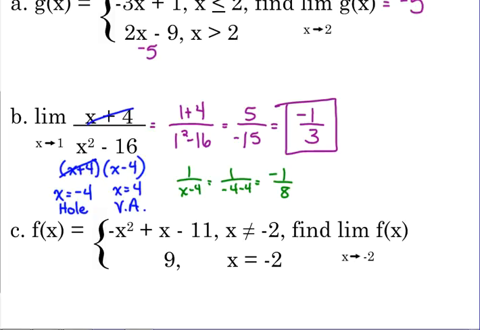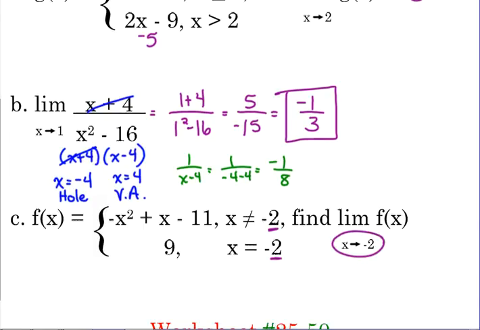Here's the deal. If they're asking you about the limit as you approach that x value right there, which I'm asking you the limit as we approach negative 2, you plug it into the not equal to piece, which seems a little counterintuitive. But let's think about what this really looks like.